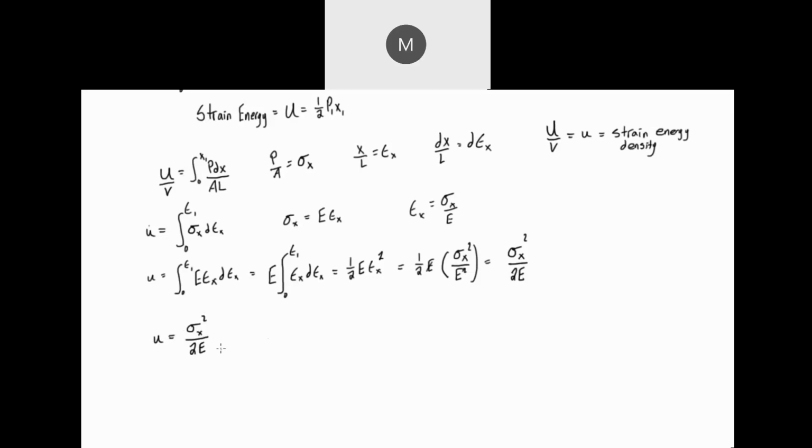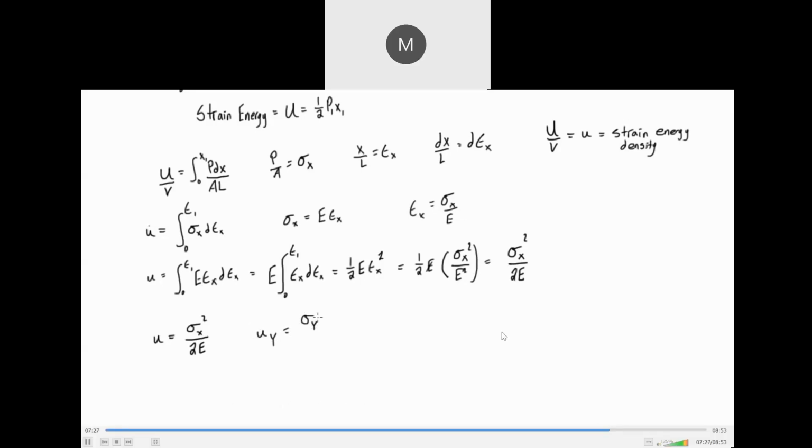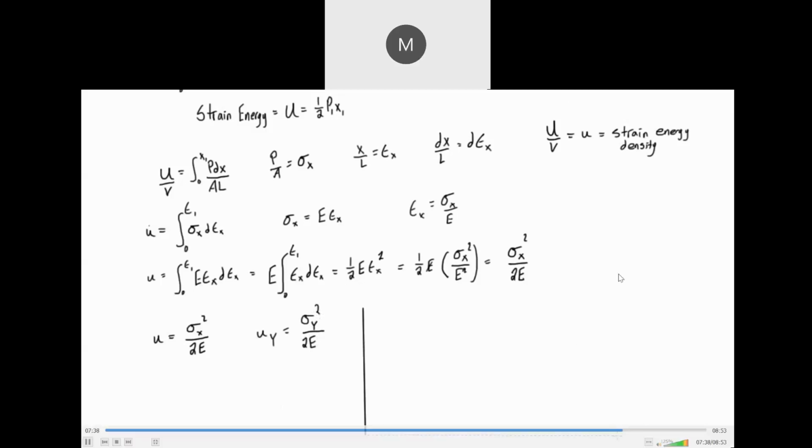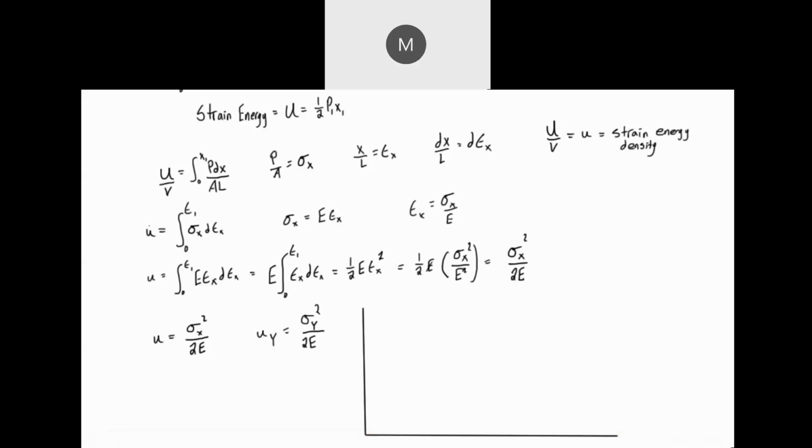And if we go right up to the end of the elastic section, then we're going to find what's called the modulus of resistance, which is basically the strain energy density once we are all the way to the yield point. So that's just going to be sigma y, for the yield point or the yield stress, over 2E. If we draw the stress strain diagram for whatever material we're looking at, it's going to look something like this.